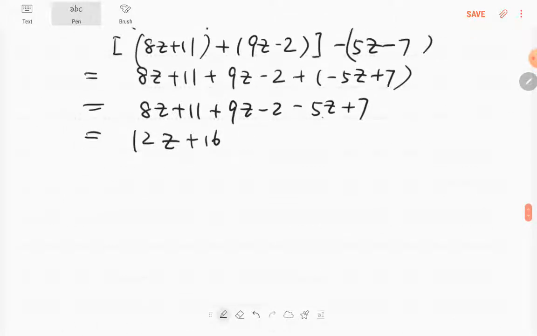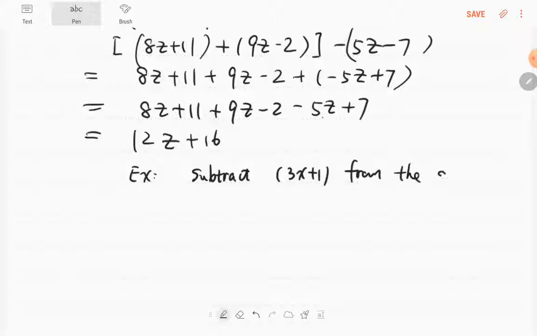We could check another one. So we could subtract from the sum of these two polynomials.